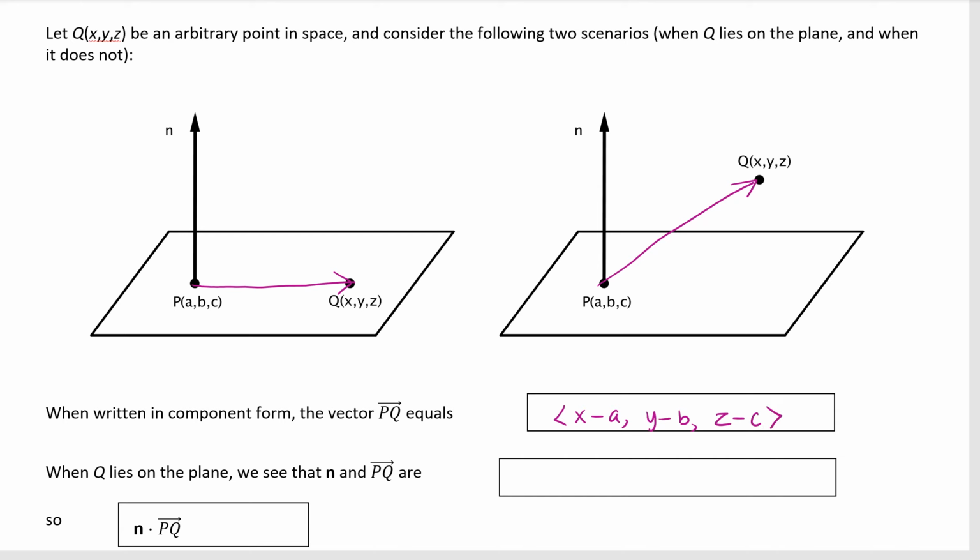When Q lies on the plane, what can you say about the normal vector n and the vector PQ? They are perpendicular, they are orthogonal.